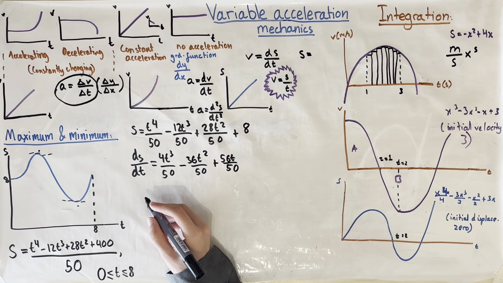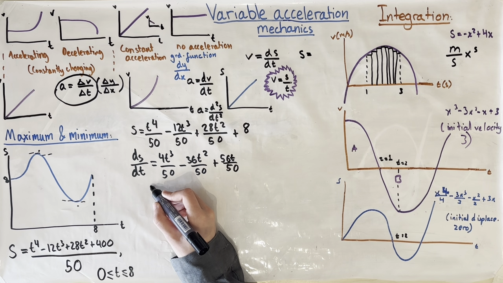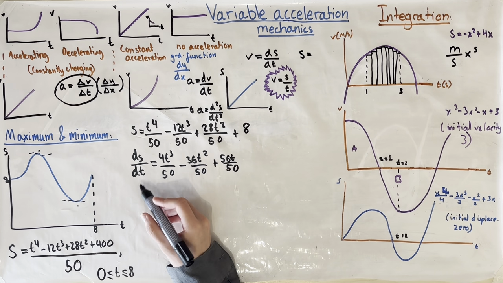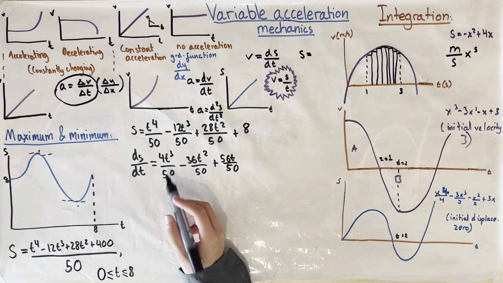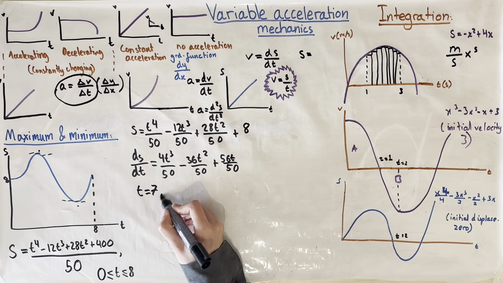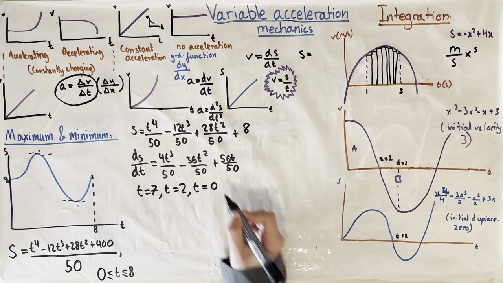Then we equate this to 0, because remember if the gradient here is 0, that means ds over dt equals 0. We get the values t equals 7, t equals 2, and t equals 0.